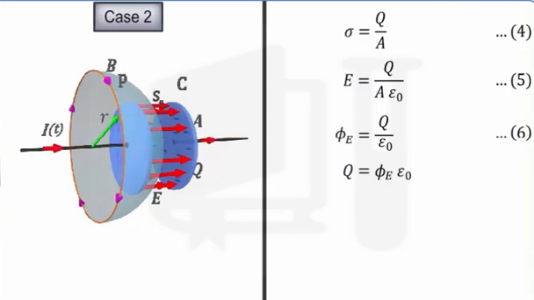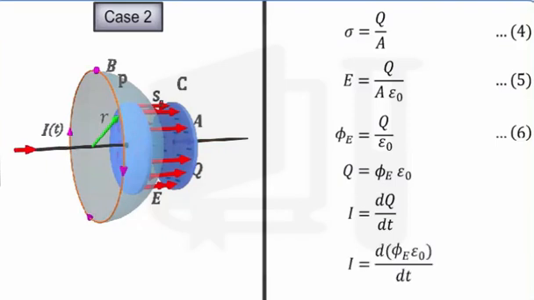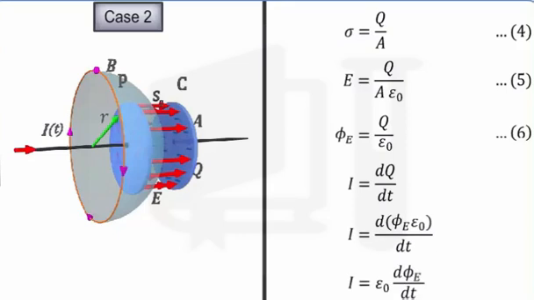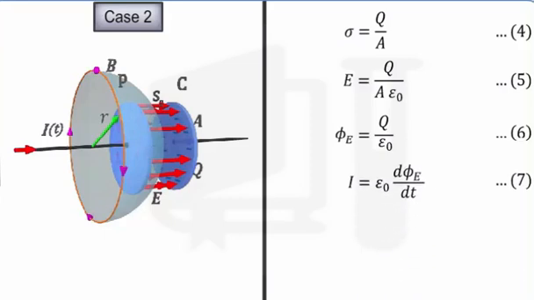On substituting the charge, we get the current I is equal to d phi E into epsilon naught by dt, which can be written as I is equal to epsilon naught into d phi E by dt. Let this be equation 7. This is the missing term in Ampere's law, which is the current due to the changing electric field between the plates of the capacitor. This current is called displacement current, denoted as ID.